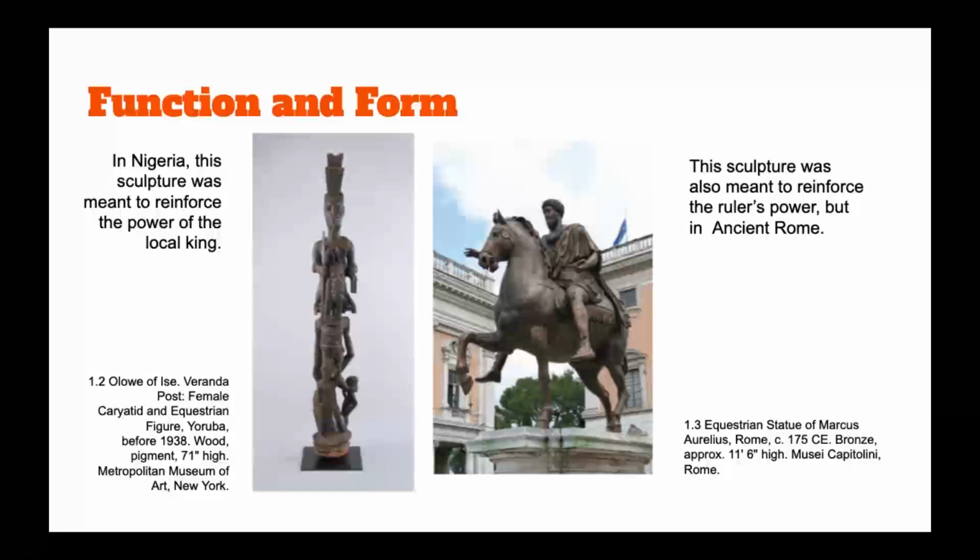It's 71 inches high, so it's somewhat tall, but it can also be moved, right? It's placed on the floor where people can get up close and touch it, where they can interact with it. It's in place of rulers or in place of the specific ancestors that are no longer with us. It stays there and embodies that spirit.